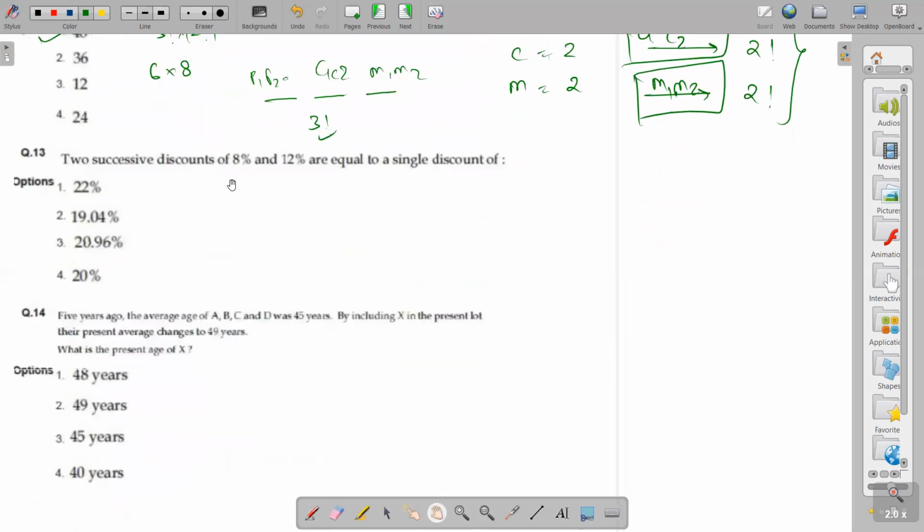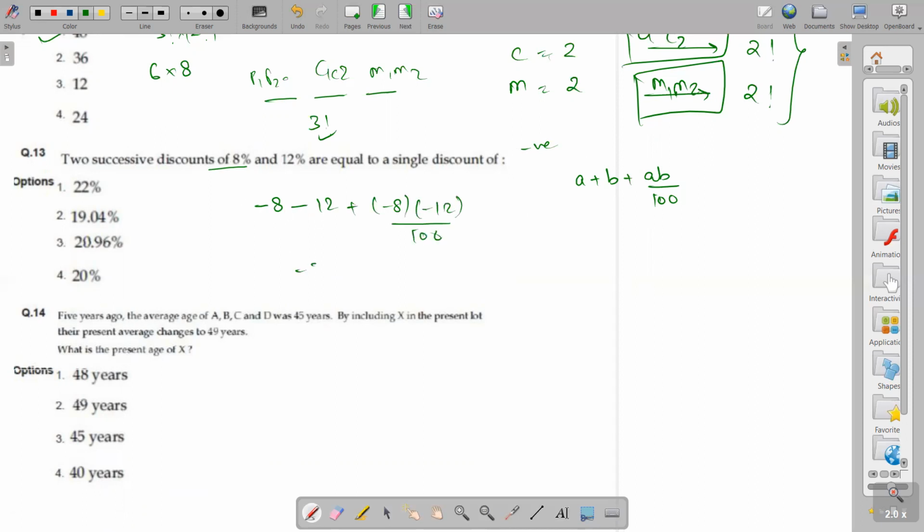Moving on. In this one, you have to remember the formula for successive discount: A plus B plus AB by 100. You just have to be careful about the sign. Discount is mentioned, so take it as negative. So 2 successive discounts of 8% and 12%: minus 8 minus 12 plus (minus 8 into minus 12) divided by 100.